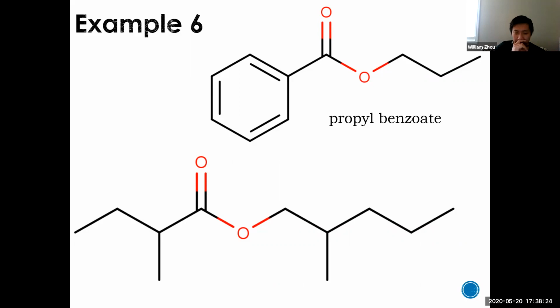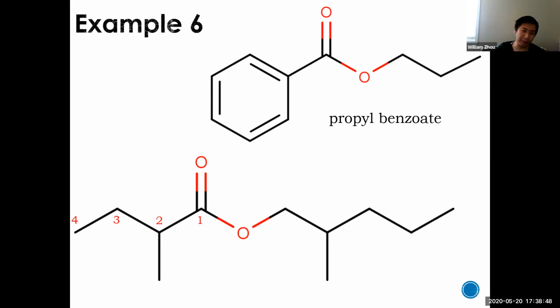The one on the bottom, it is hard because it has additional branches. And so what do you do when you have branches? Well, now you have to number the carbons. Notice that we haven't been numbering the carbons because there was no need to. Now you have to. It's a no-brainer to start from the functional group.